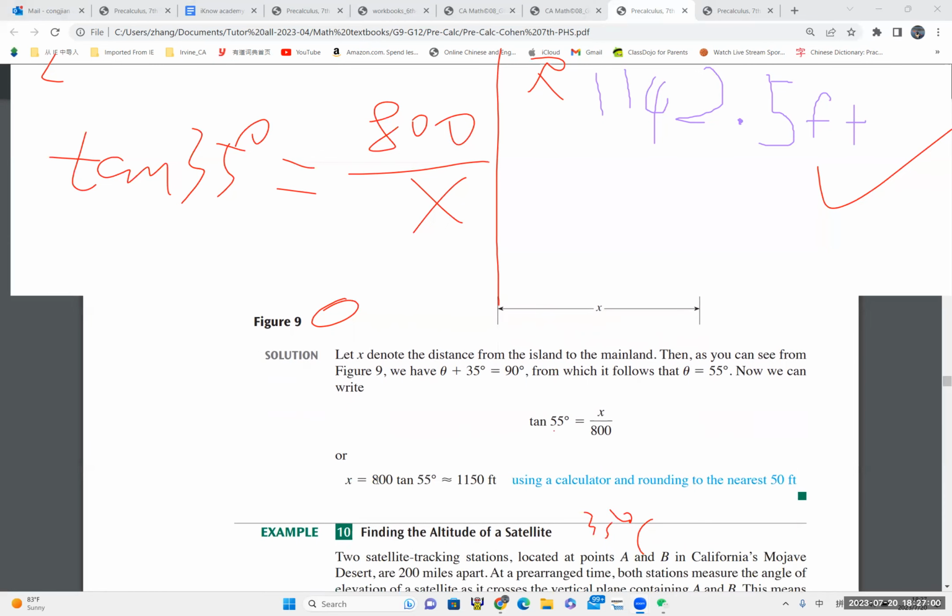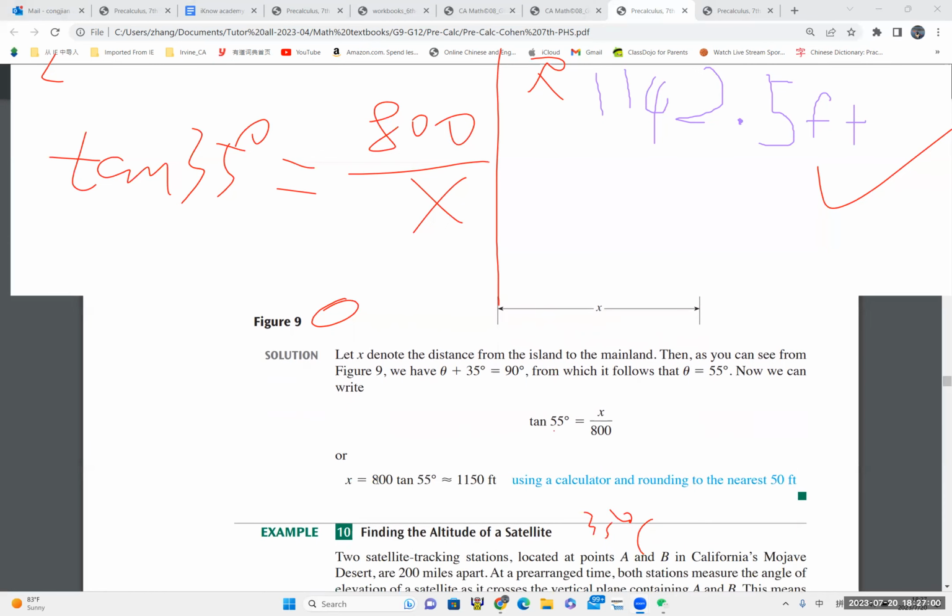Finding the altitude of a satellite. Here is a little bit of communication. Anyway, let's just say cotangent beta equals (a plus s) over h. So a is like a variable.